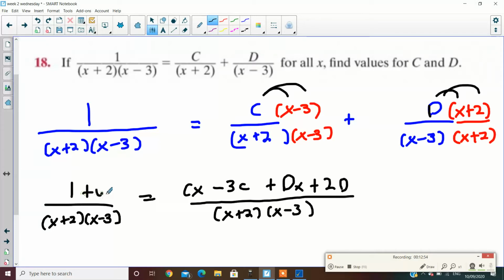What if I call that 1 plus 0x? Would that affect anything? Would it affect anything at all?